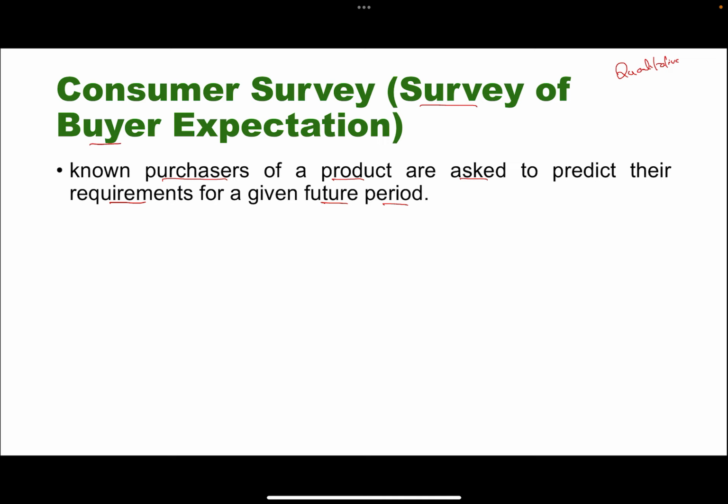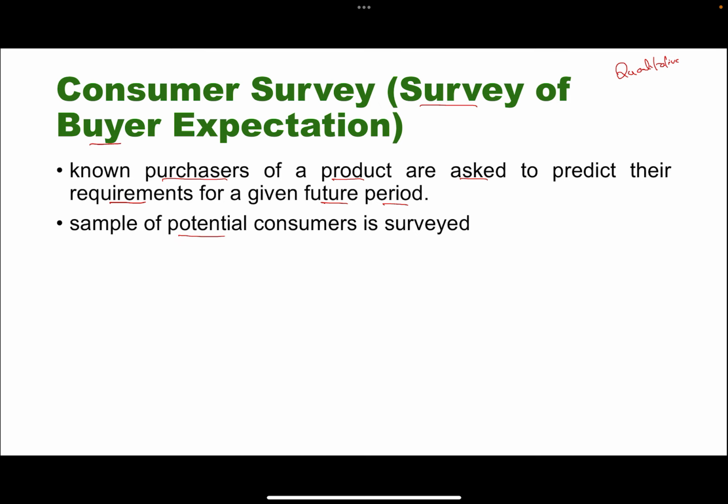For a company, there will be regular purchases, regular customers. So the regular customers are asked about their prediction for the future period. Based upon that, we will predict the forecast.